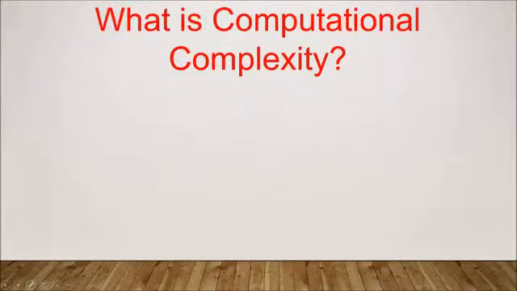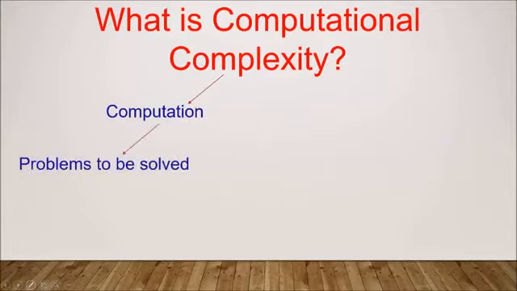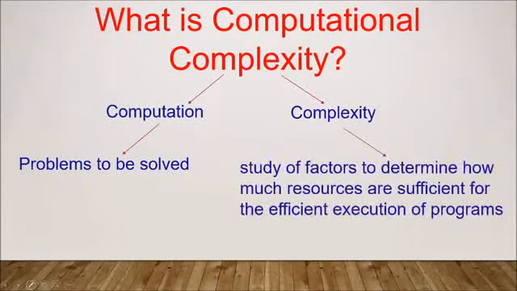So what is computational complexity? Computational complexity is made up of two words. The first one is computation. It basically means what problems are to be solved, and complexity means the difficulty level or whatever things are needed to execute a program, or study of factors to determine how much resources are sufficient for efficient execution of a program.